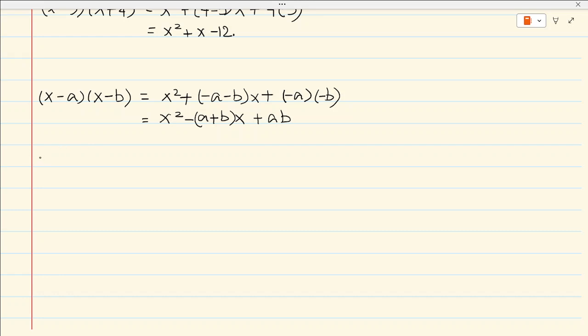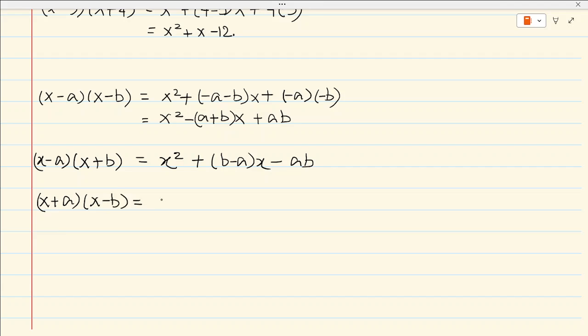Another expression can be x minus a and x plus b. This time we will write directly x square plus b minus a multiplied by x, plus minus ab. Now let us see some more expressions like x plus a and x minus b.